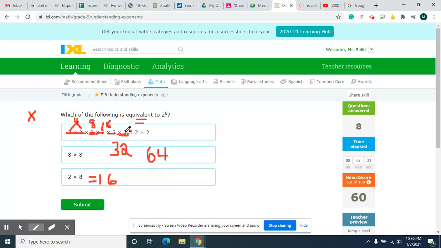Cross that 2 off. 64 times 2, that's 128. So we can cross that one off. And 128 times 2, well, that's 256.